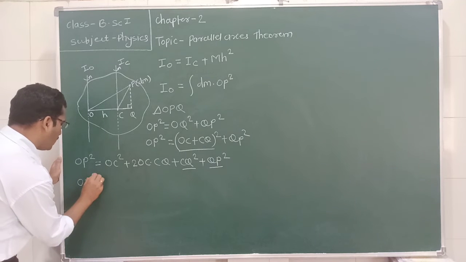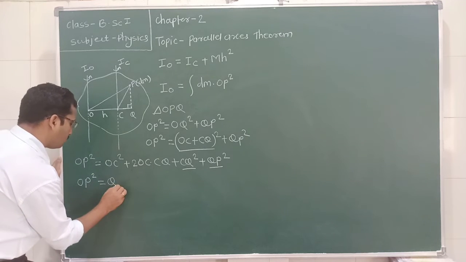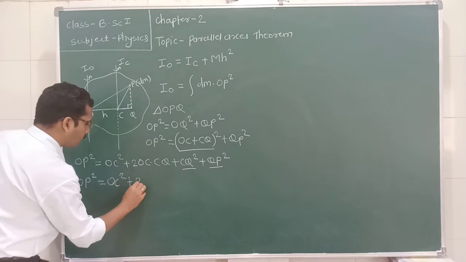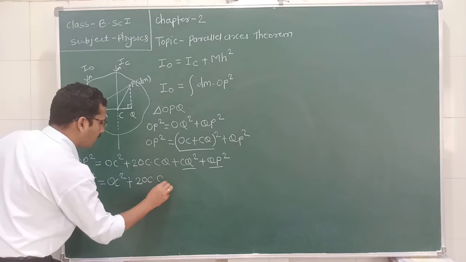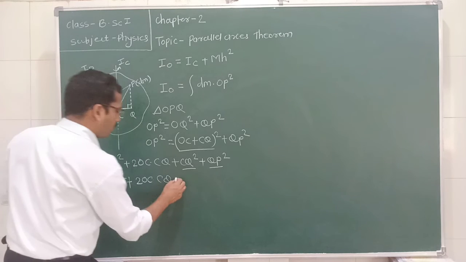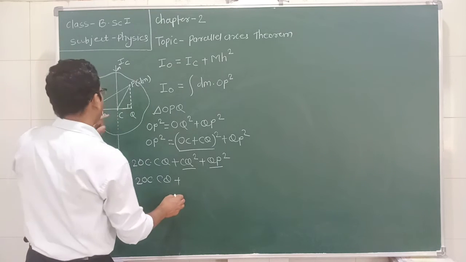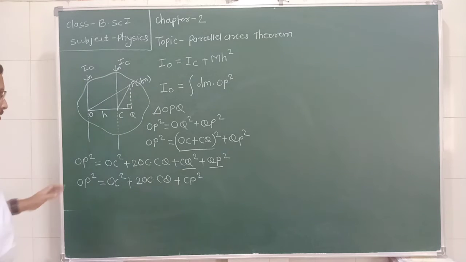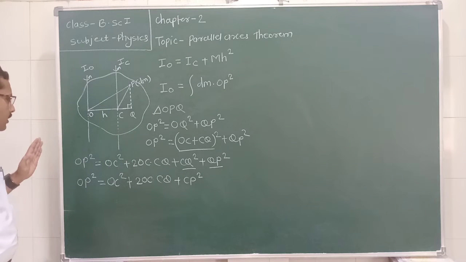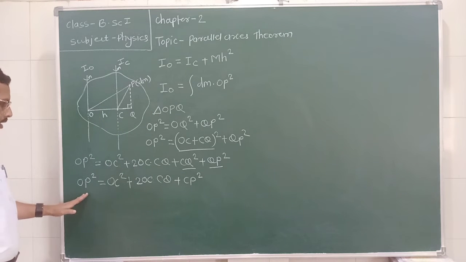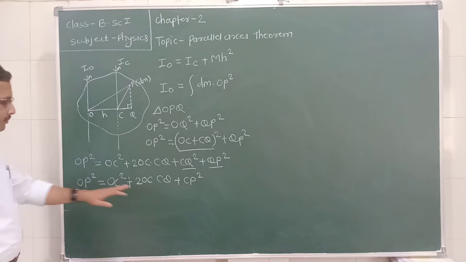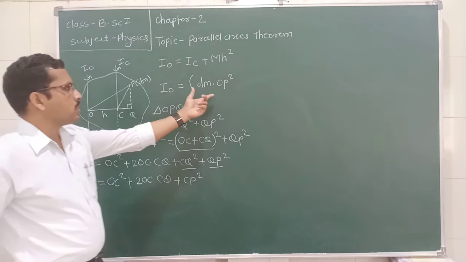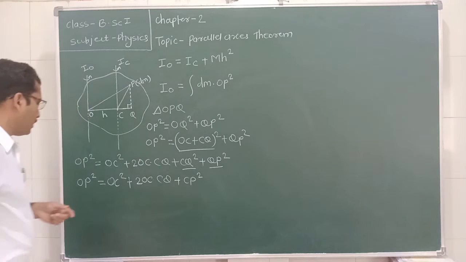OP square is equal to OC square plus twice OC into CQ plus CP square. Okay, so this is the value of OP square. If we keep this value in this equation, we get another equation.